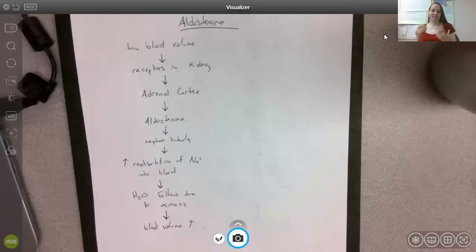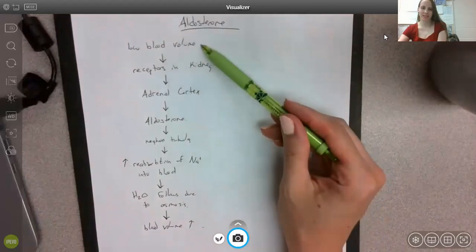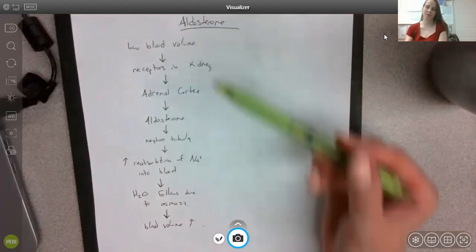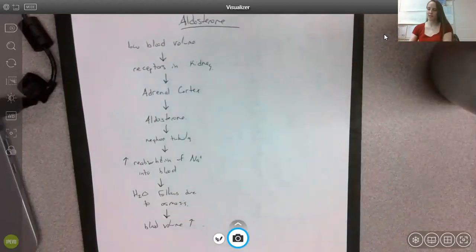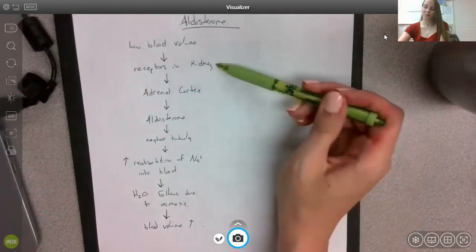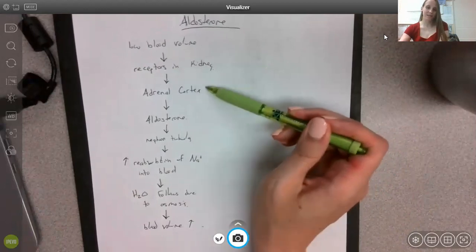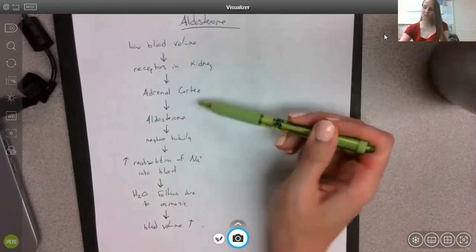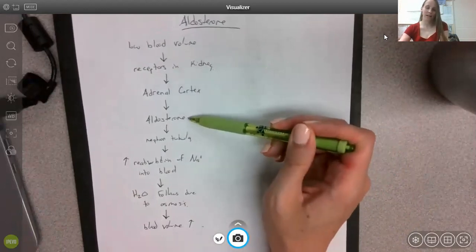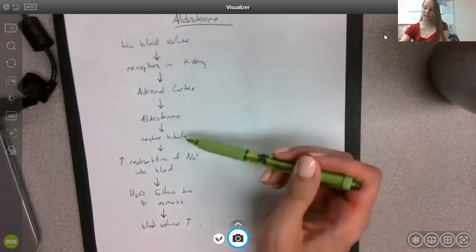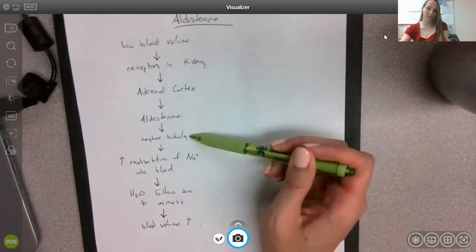Okay, so this is a summary of the pathway of aldosterone. What happens is the person has low blood volume, again, because they're bleeding out or something. That is going to be detected by receptors in the kidney, which is going to send a signal to the adrenal cortex to release aldosterone. The aldosterone goes and affects the nephron tubules in the kidney.